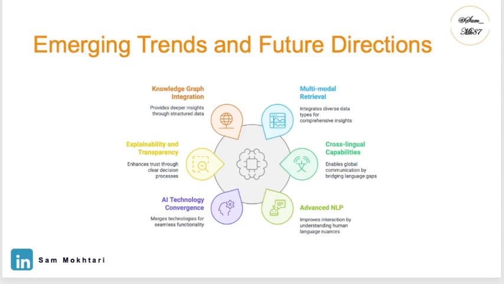So future directions and trends that we are seeing. So the future of agentic systems and especially agentic RAG systems for sure is exciting. So you can think of things like multi-modal retrieval, so that you can seamlessly integrate text, image, and audio to provide holistic answers. Or even with cross-lingual capabilities, this system can operate globally, bridging language gaps and barriers. Even advances in NLP will make the interaction feel increasingly natural.